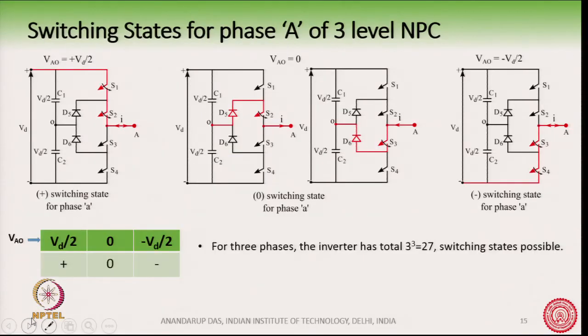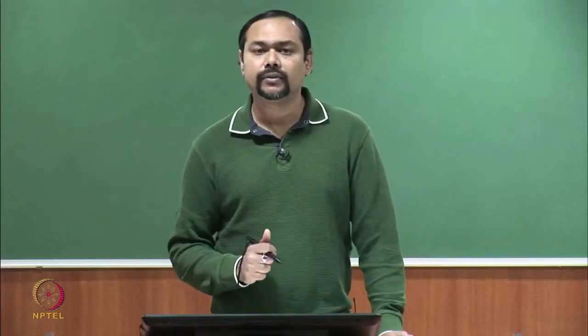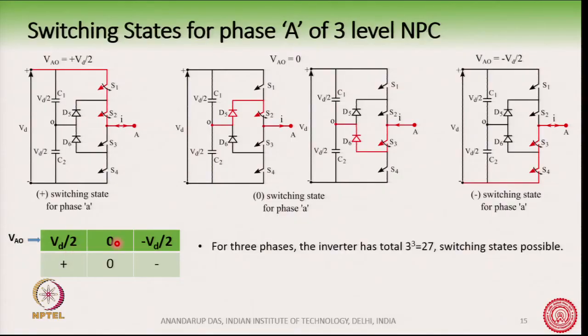So, first we will see that in case of a 3-level neutral point clamp converter, the pole voltage has 3 possibilities of the voltage, not 3 switching states. The pole voltage has 3 possible levels of output voltage. So, it can be Vd by 2, it can be 0 or minus Vd by 2.